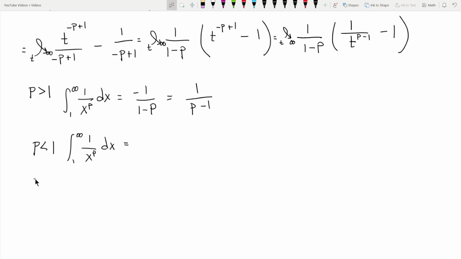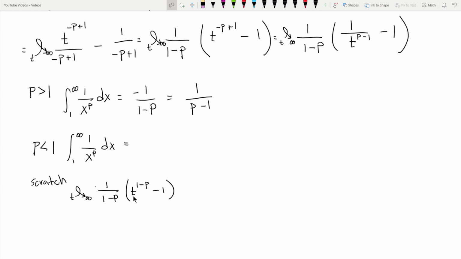All right, so let me come over here and do some scratch again. So I'm taking the limit as t goes to infinity, 1 over 1 minus p. This becomes t to the 1 minus p, minus 1, like that.